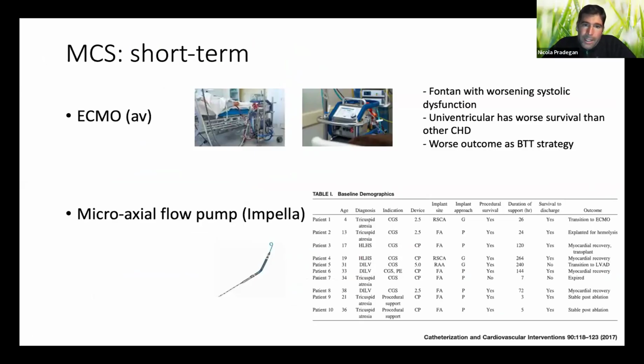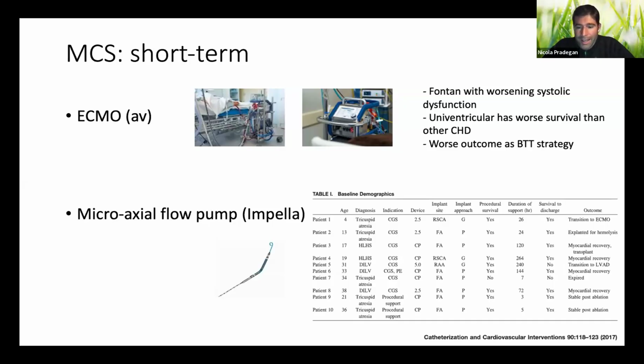Talking about mechanical circulatory support, we start from ECMO, which is, of course, the first step, especially in acutely ill patients with worsening systolic dysfunction. We know that univentricular has worse survival than other congenital heart disease, and it has a worse outcome, especially when it is used as a bridge to transplant. Close to ECMO, we can also consider microaxial flow pump, Impella, both the CP, the 2.5 and the 5.